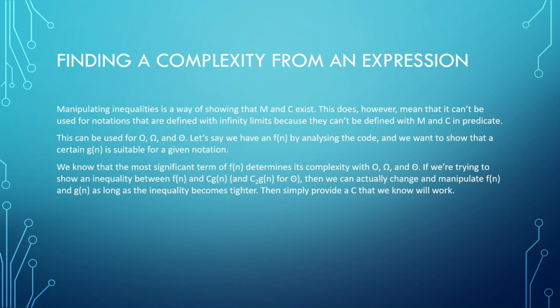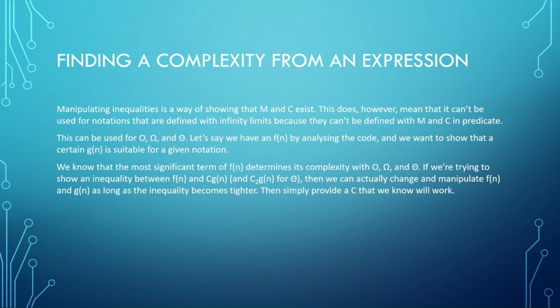If we're trying to show an inequality between f of n and c g of n, for theta we might have c2 g of n as well, because of course it has c1 and c2 for the upper and lower bounds. For the coefficients of the bounds, we then have an inequality that we can change and manipulate a little bit. We can change and manipulate f of n and g of n as long as the inequality becomes tighter.